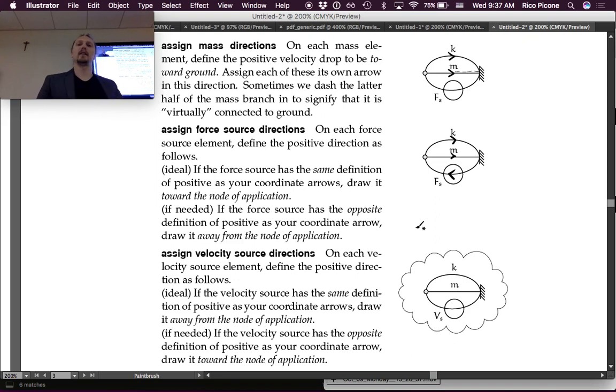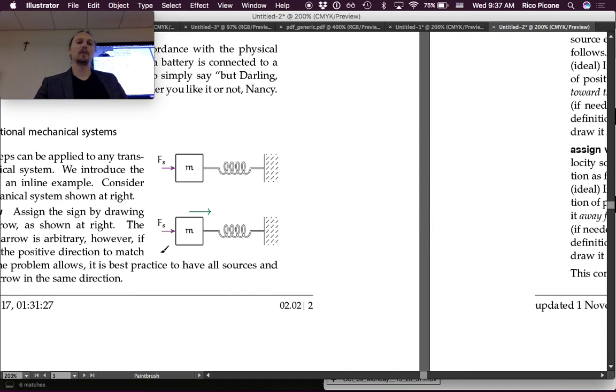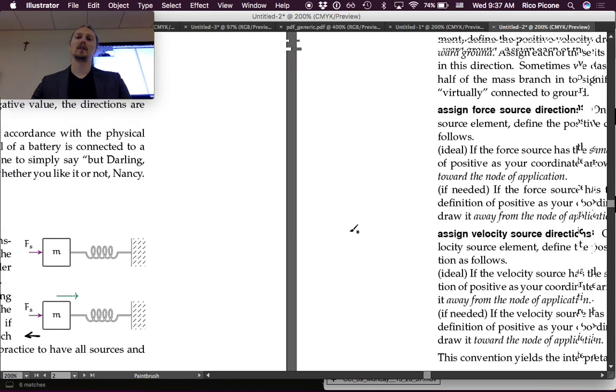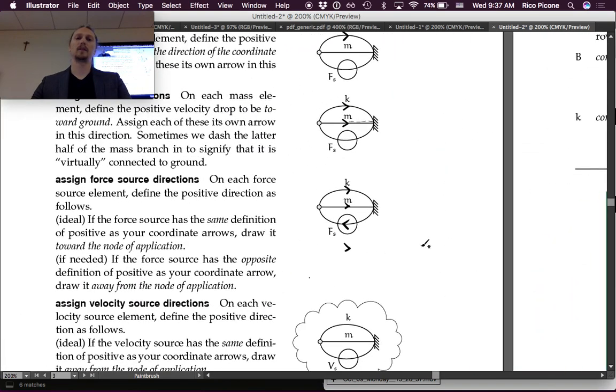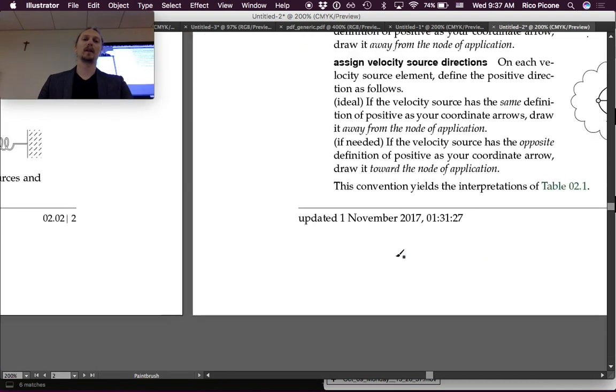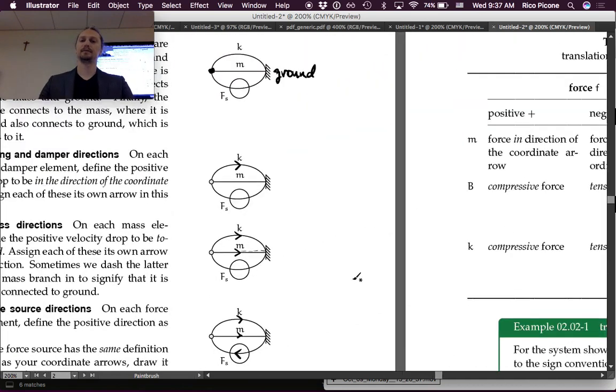Okay, so if, for instance, our force source positive was to the left, then it would be opposite our coordinate arrow. We would have to draw the force source arrow this way, down towards ground, away from the node of application. But that's not what we have. All right.